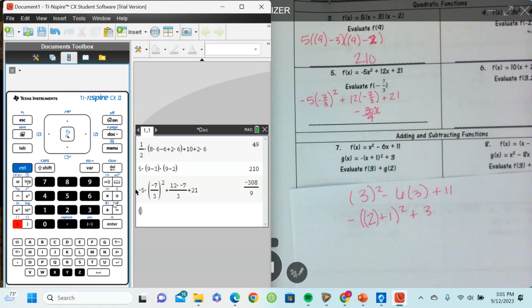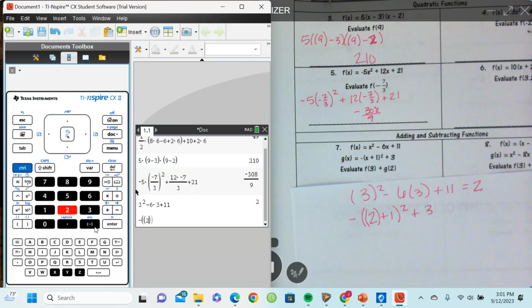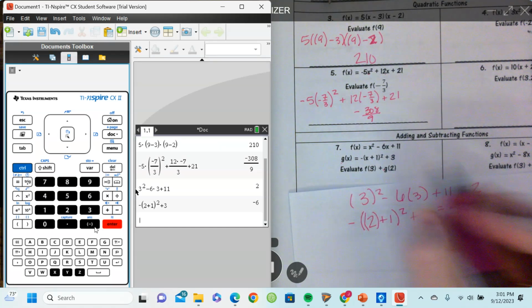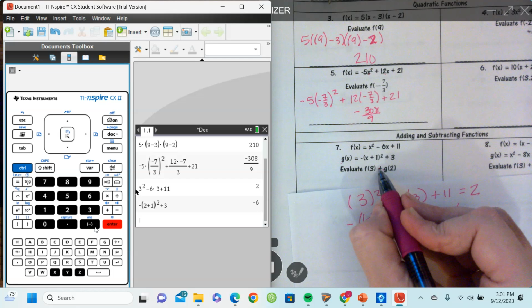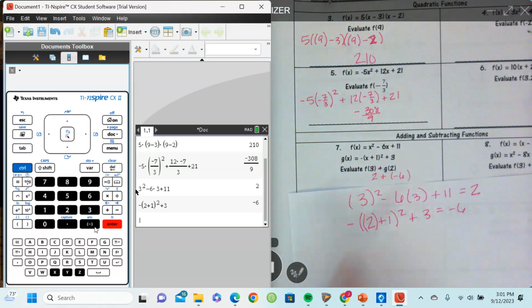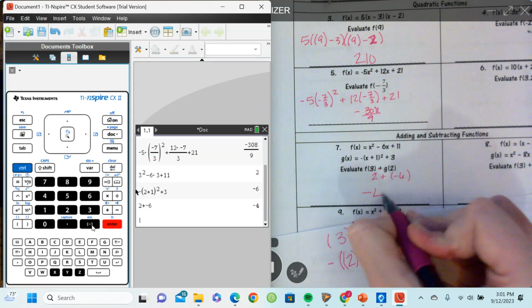Okay, I'm going to work each of them out. That one equals 2. And that bottom one is a -6. My last step, this one says add. So I would do 2 plus -6. Take my two answers, add them together. And that's my final answer.